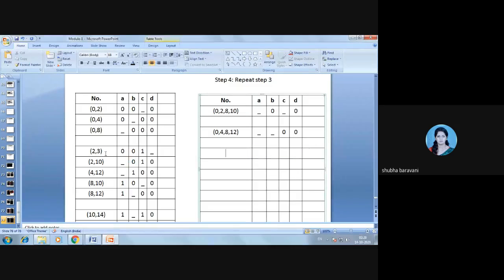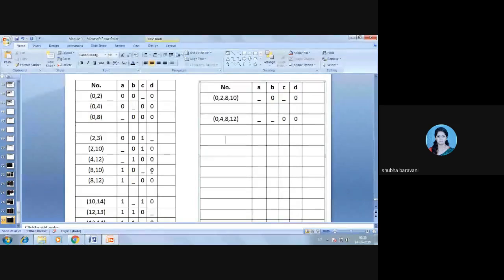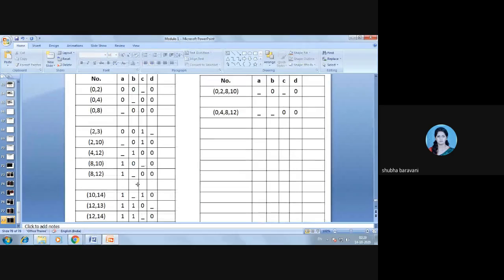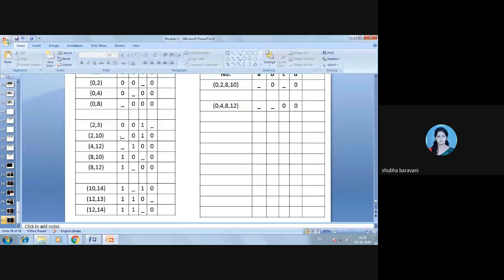Next, 2, 3 I'll compare with 10, 14. Not possible. 2, 3 I'll compare with 12, 13. Not possible. Okay. Right. Next, 2, 10 I have to compare. No. 4, 12. No. 8, 10.